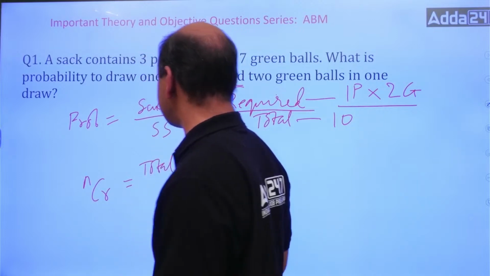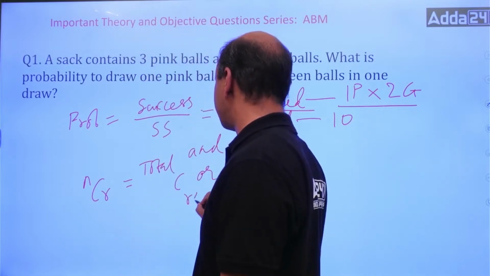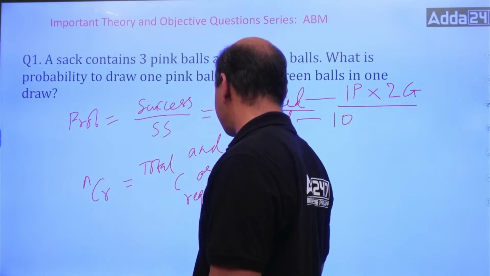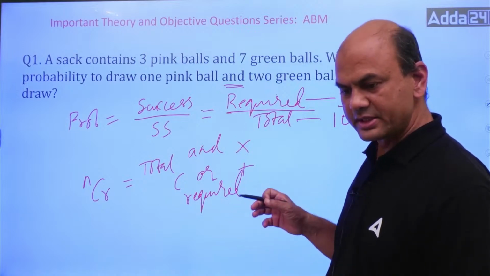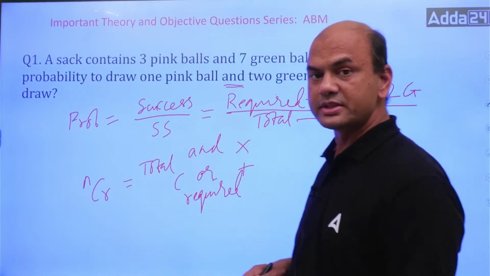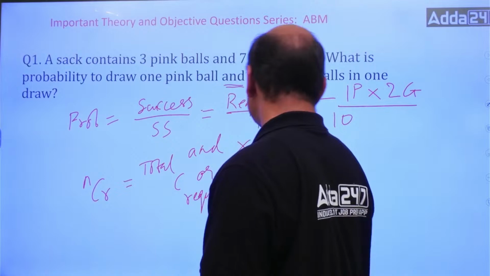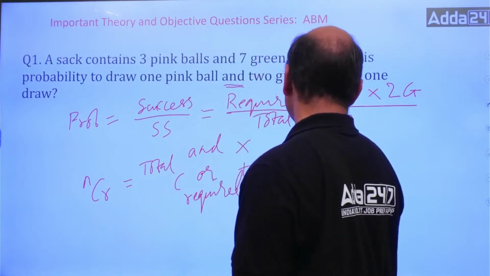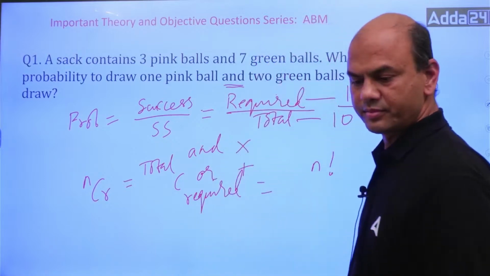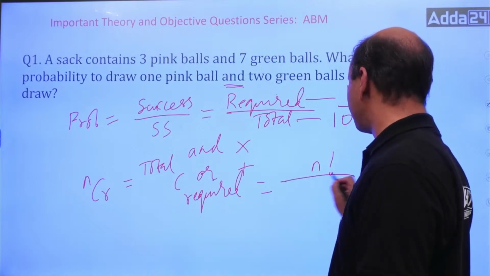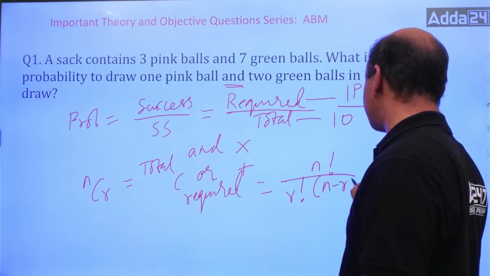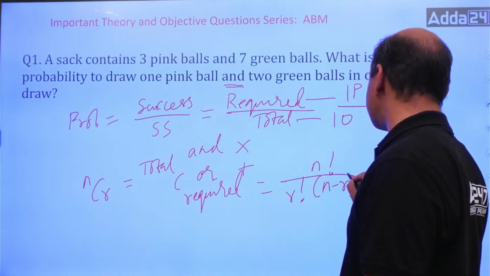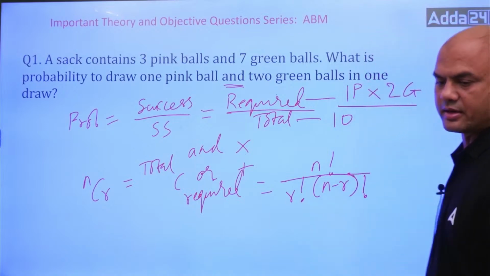C is combination and R is required. Total, combination, required. And what is the formula for this? The NCR formula is always n factorial divided by r factorial into n minus r factorial. This is the formula for combination, NCR.